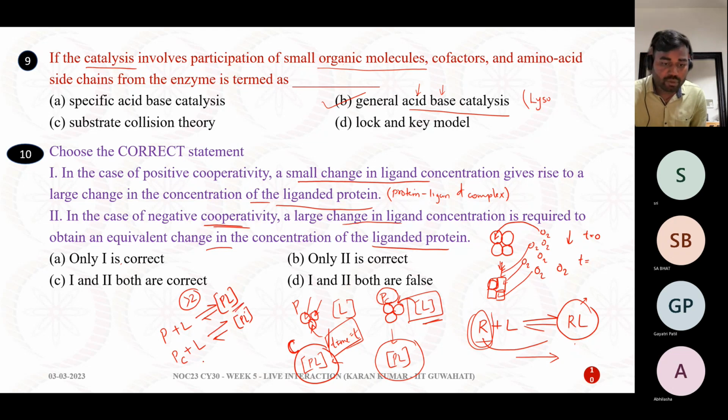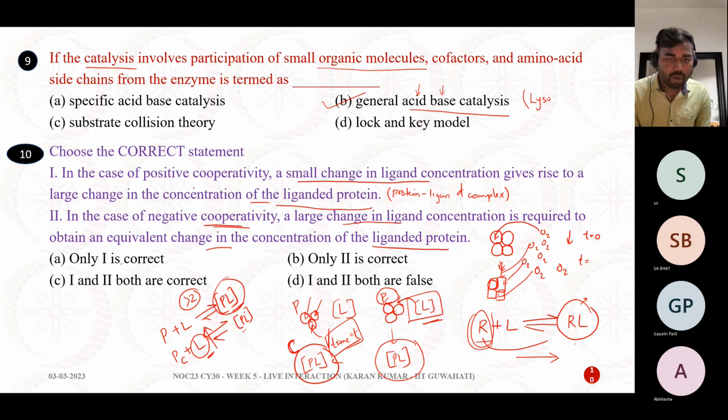Then to achieve this one, you have to make a large change in the ligand concentration. Then only you will be able to achieve the same equivalent concentration of this protein-liganded complex. So that is what the second statement is also talking about, right? So you need a large change.